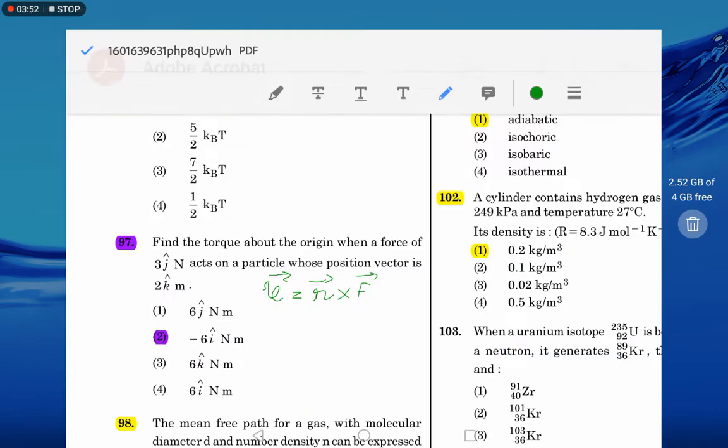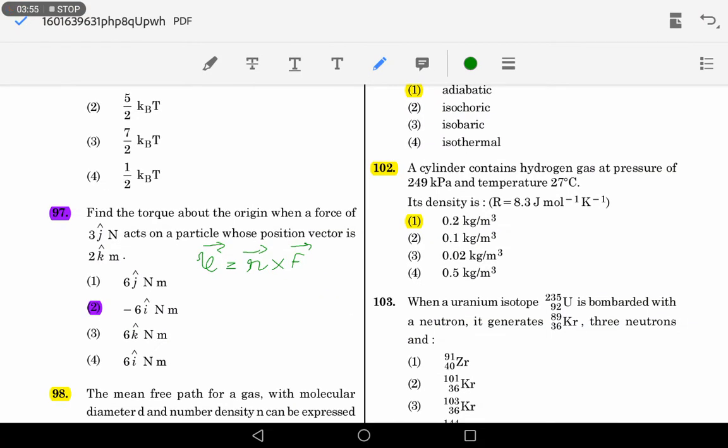But what in general we do is write tau as f bar cross r bar, which is going to fetch you a negative mark. Also, force is given first and position vector is given next, so in general we multiply the force vector with the position vector if we are not clear about the expression. So use the expression tau bar equal to r bar cross f bar.